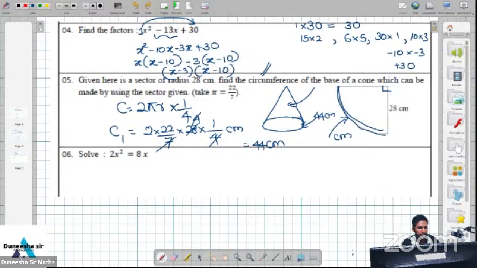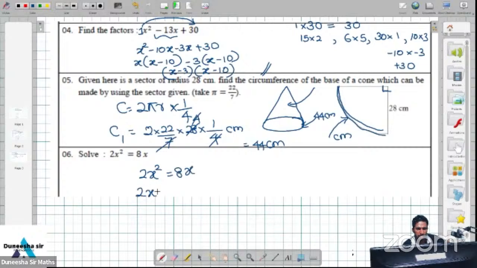Are you finished? Sixth one, did you get the answer? How do we get 2x squared equal to 8x?